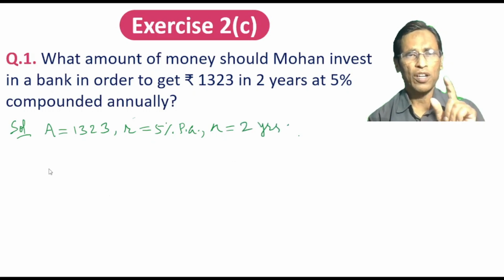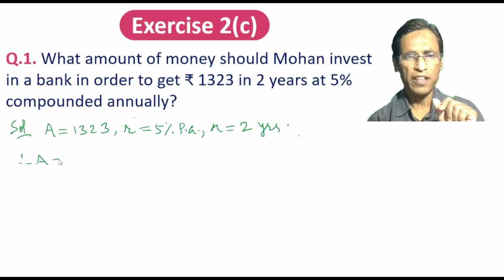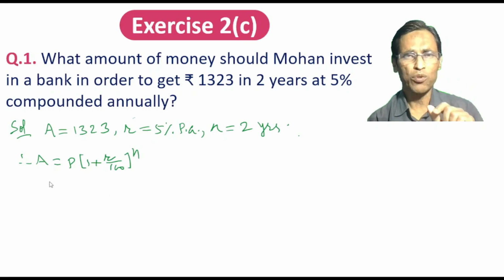And so now to find the principal, we will use the formula for amount, that is A equal to P times 1 plus R by 100 to the power n. Now we will substitute the values which are available in the question. A is available as 1323.